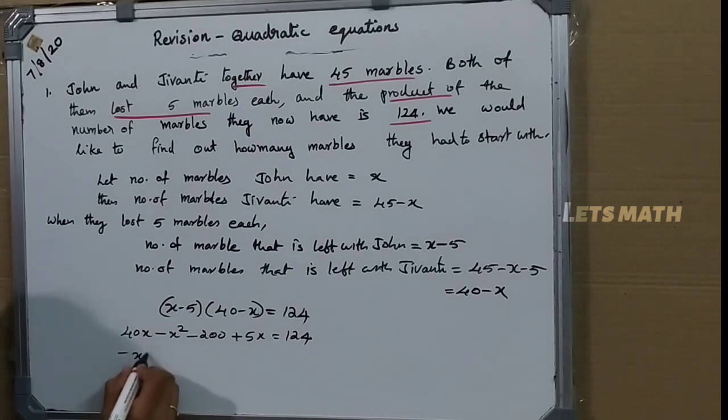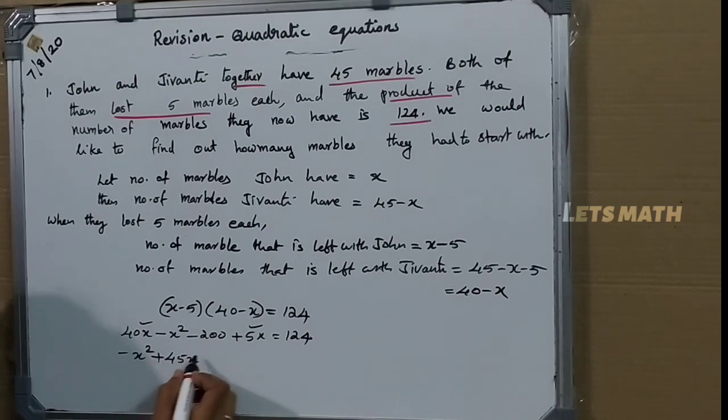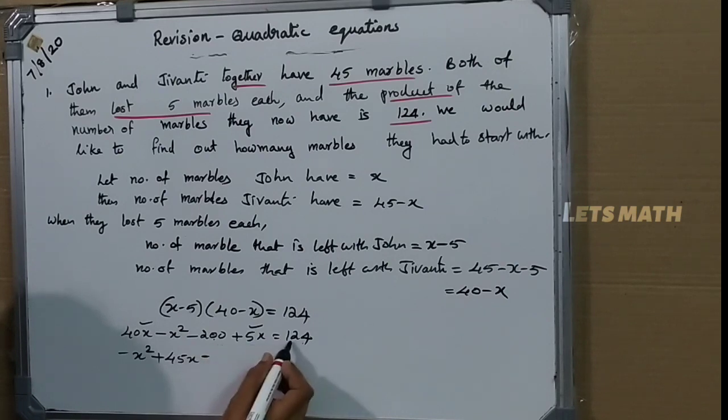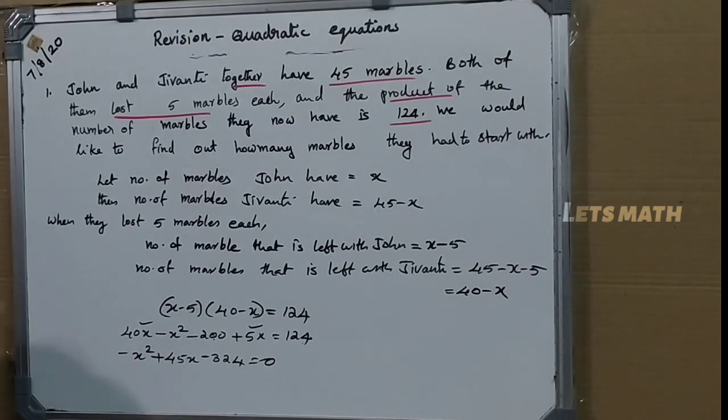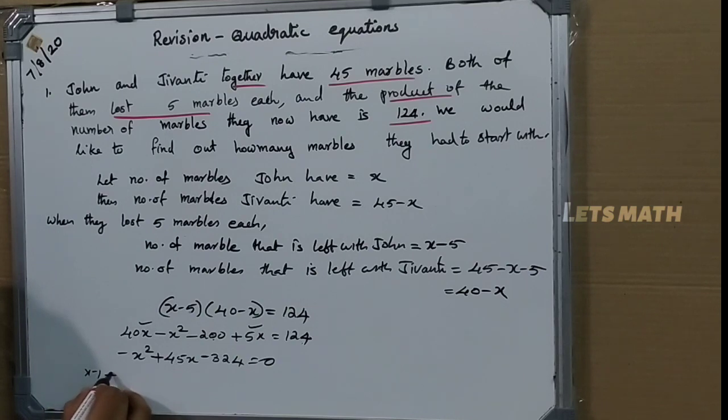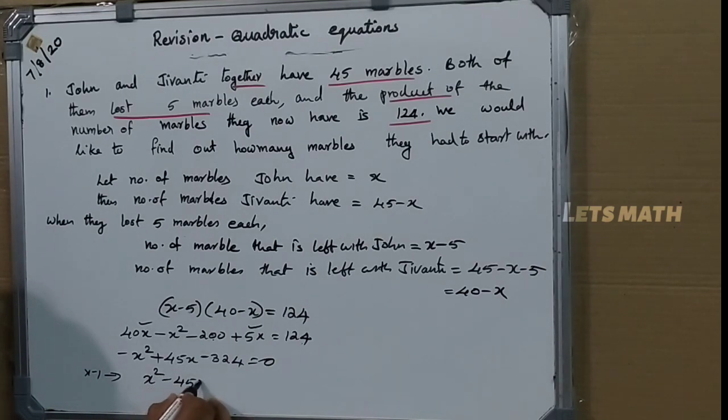Now minus x square, 40x and 5x gives plus 45x, and minus 200 minus 124 becomes minus 324 equal to 0. Multiplying throughout the equation by minus 1, we can write it as x square minus 45x plus 324 equal to 0.